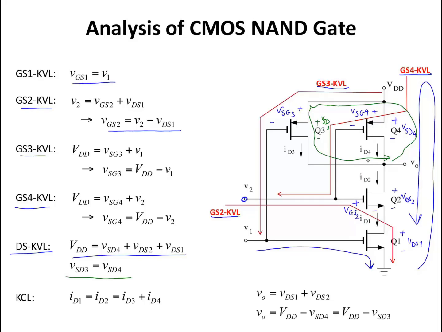Also, I have a KCL at this node, which tells me that ID3 plus ID4, the currents that enter this node, equals the current that leaves this node.